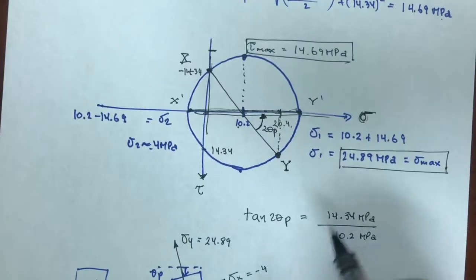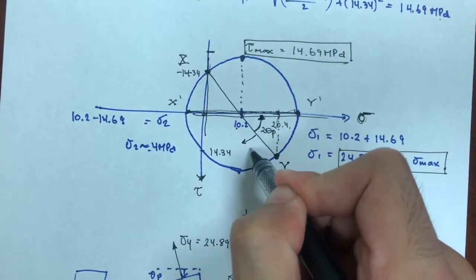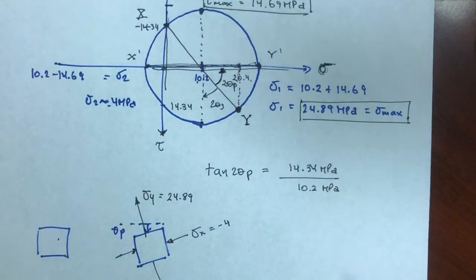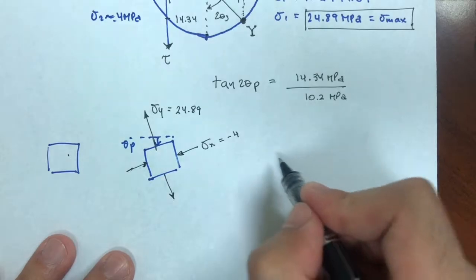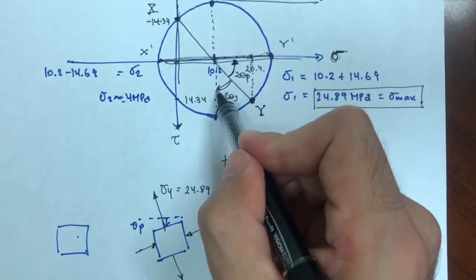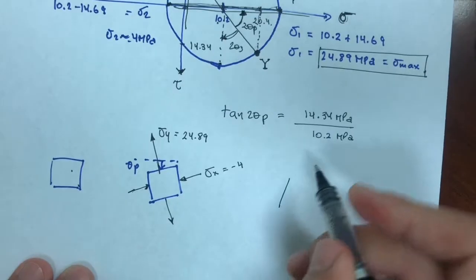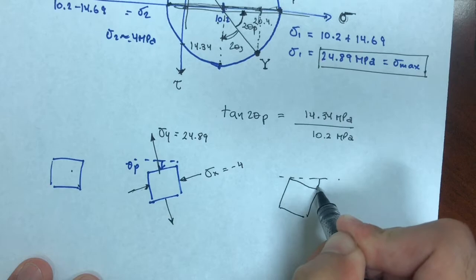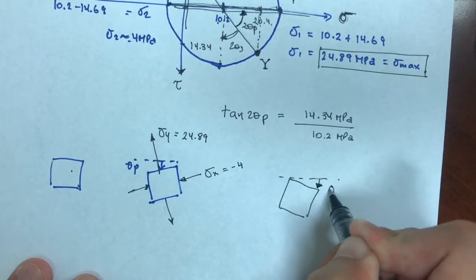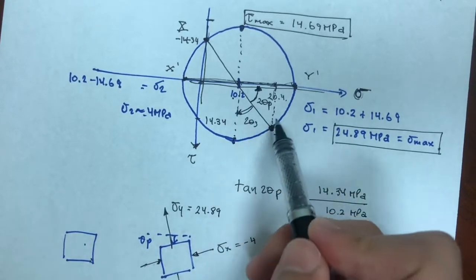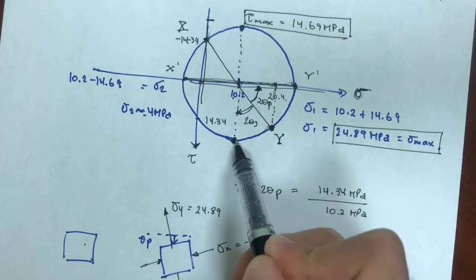But I could also move 2 theta s to find my maximum shearing stresses. Okay, so that would basically mean that from my original state of stress, I could move clockwise to find my maximum shearing stress. So from this, I move clockwise as theta s, and I would find where my maximum stresses are. So if I'm here, this would be positive.